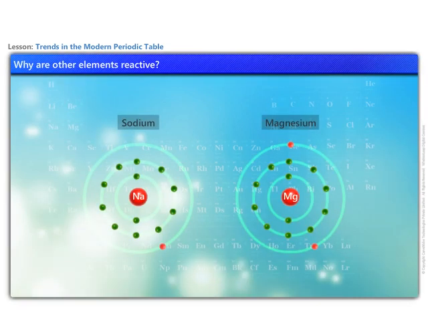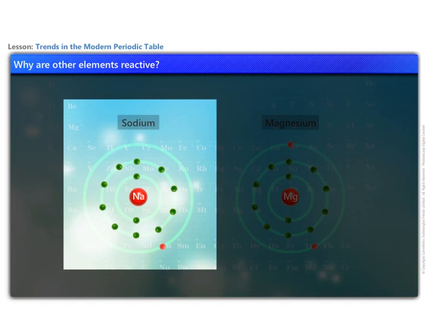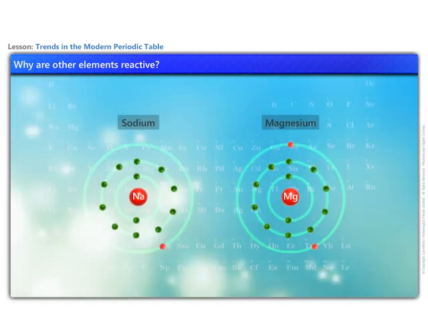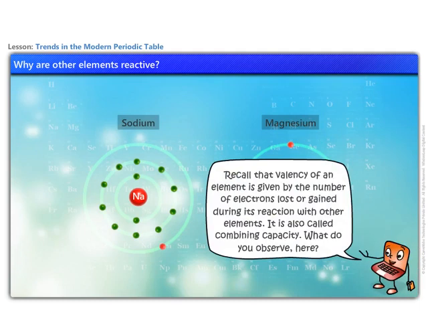Why are other elements reactive? Let us consider the electronic configuration of elements sodium and magnesium, which belong to the first and second groups of the third period. Recall that valency of an element is given by the number of electrons lost or gained during its reaction with other elements.